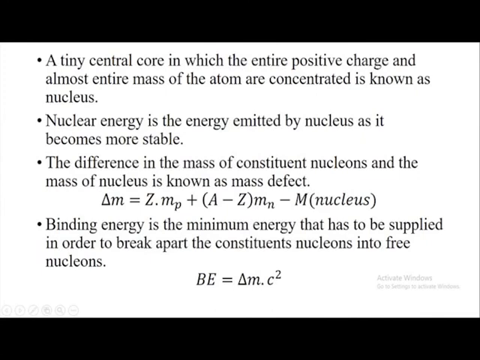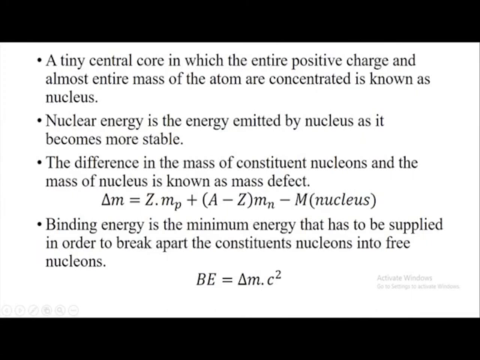The difference in mass of the constituent nucleons and the mass of the nucleus is known as mass defect and is denoted by delta M. The mass defect delta M is calculated by the given formula here. Mp, Mn and M nucleus are the mass of proton, neutron and the nucleus respectively.